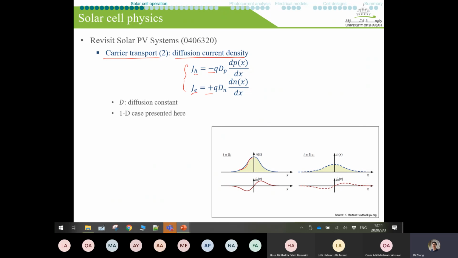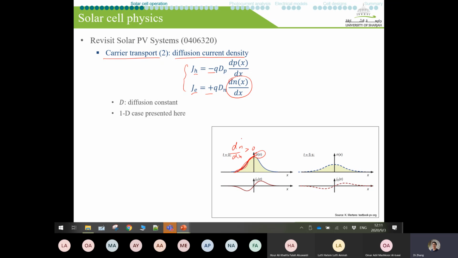Okay, the reason for this is that remember we always have this term, the concentration gradient. So let's take the electron as an example. For electrons, on the left side of the scale, we know that this gradient, dn over dx, is going to be positive.